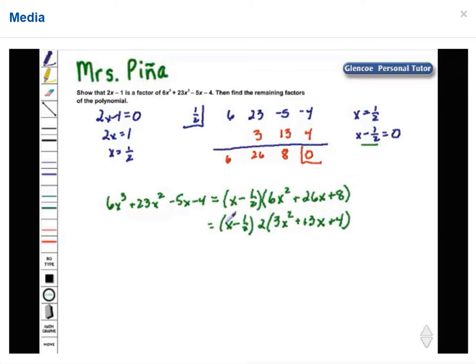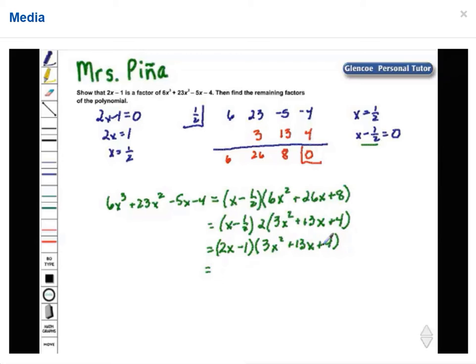And this 2 I'll multiply through back in this binomial here and get 2x, and 2 times -1/2 is -1, and I get back to my original divisor, and I'll be left with 3x squared plus 13x plus 4.